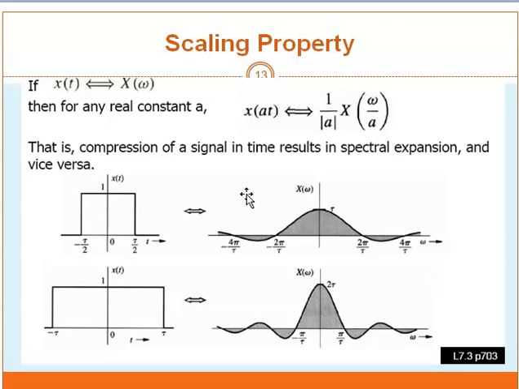Next is the scaling property. When you have x(at), this is in time domain, so the scaling happens here, denoted by a. In frequency domain, it will become 1 over the magnitude of a times X(omega over a).